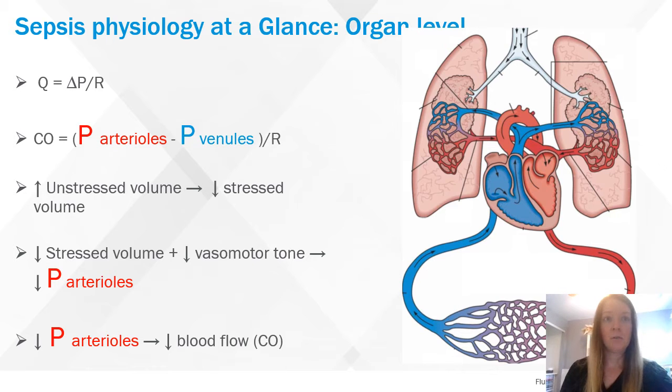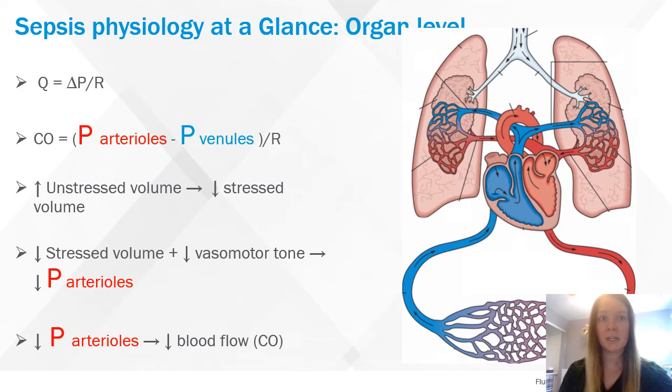What we're looking for here is the pressure in the arterioles, which, if you're looking at this picture, is on the right side, minus the pressure of the venules, which is on the left side. Blood is flowing from the arterial side to the venous side, from the right side in this picture to the left side. However, for that to occur, the arterial side needs to have a higher pressure than the venous side.